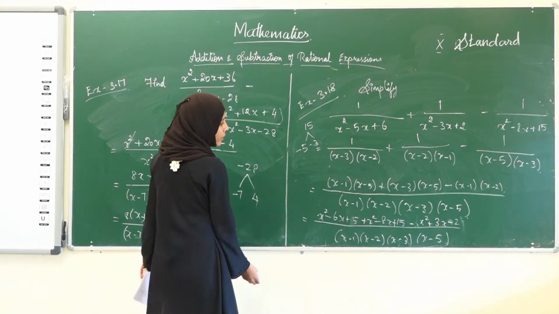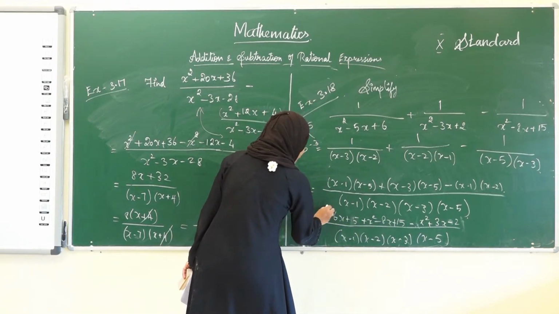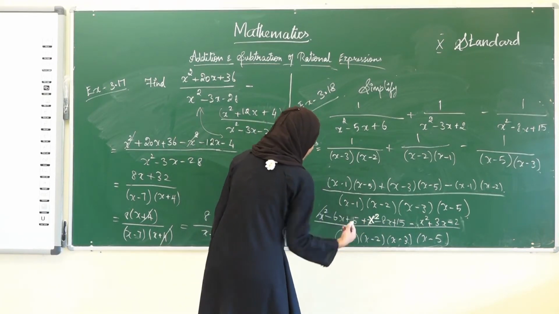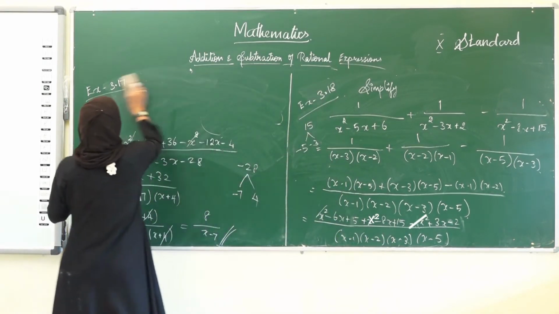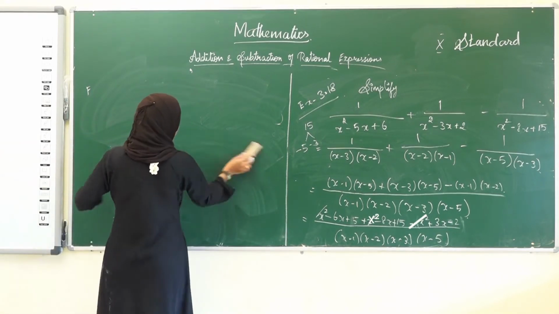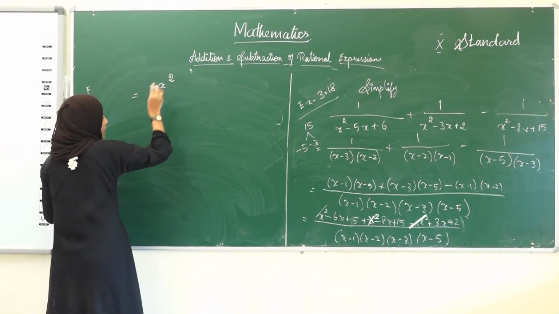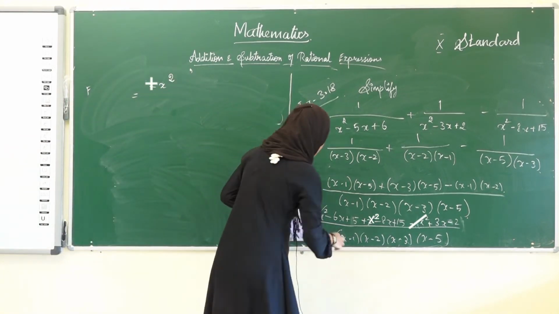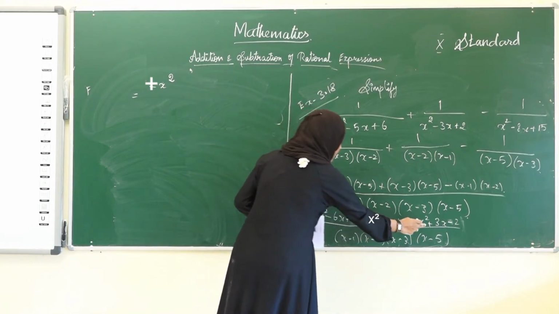Okay, now shall we solve this in the numerator? See here, x square, the remaining will be minus x square. Okay, now the x term: minus 6x minus 8x plus 3x.